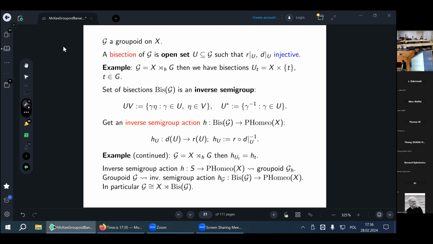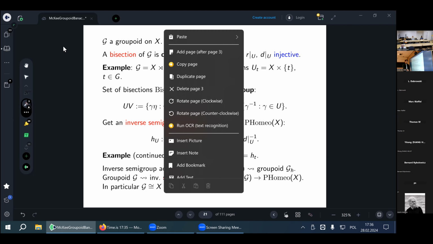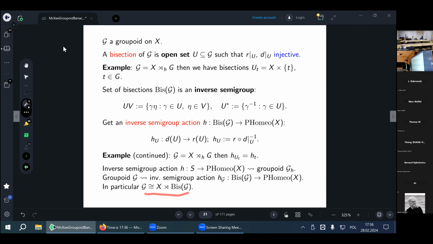And everything works nicely in the sense that these two things are inverses to each other. So if we start with a groupoid, pass to this, and then pass back to a groupoid, we recover the original thing. But in any of these going in between, is your set X somehow fixed?